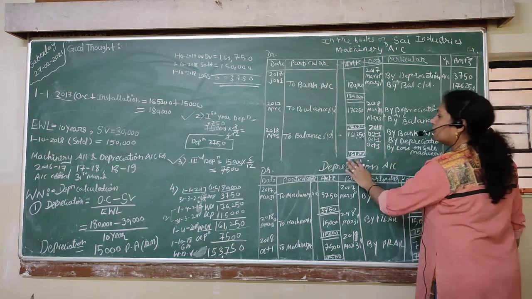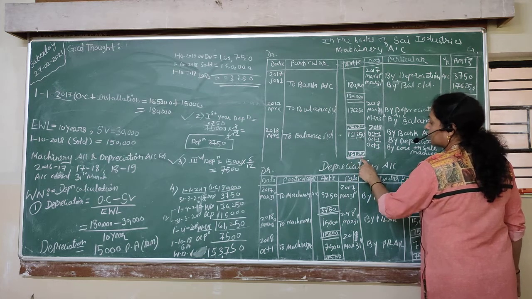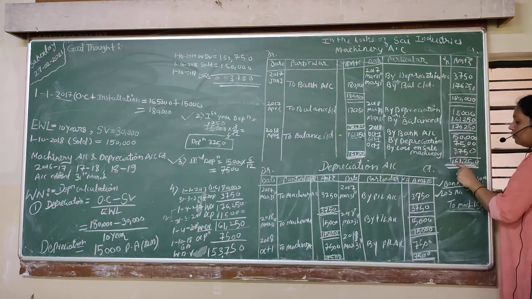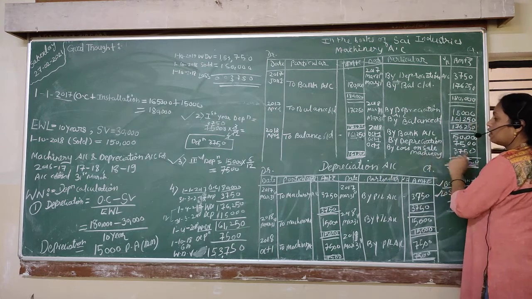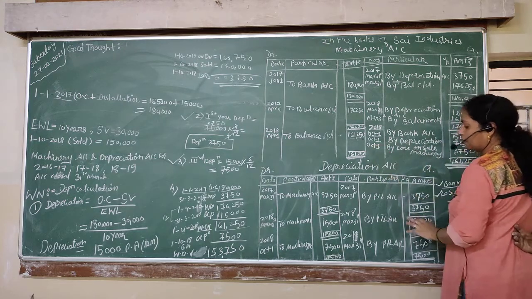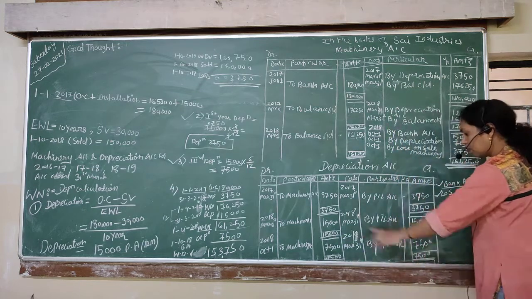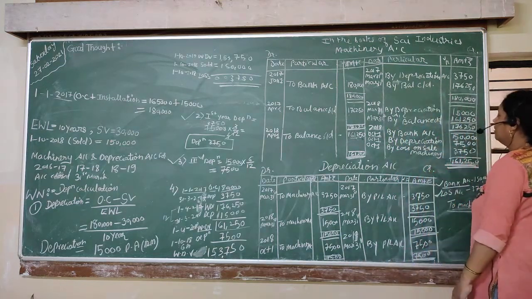Now we will close the third year. The third year's total is showing 1,61,250. Here the total is also 1,61,250. So both sides are tallied, so we will not write any closing or opening balance. In the third year we will also close the depreciation account, 7,500 and 7,500.